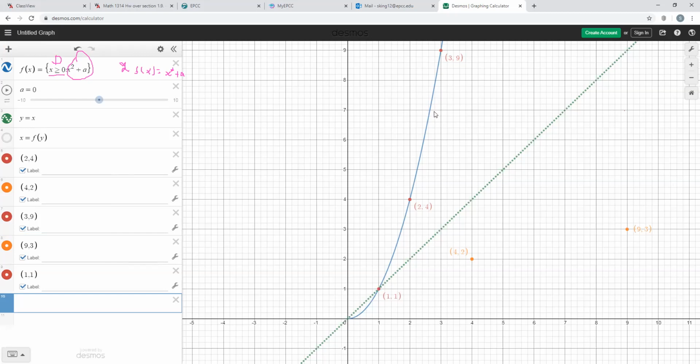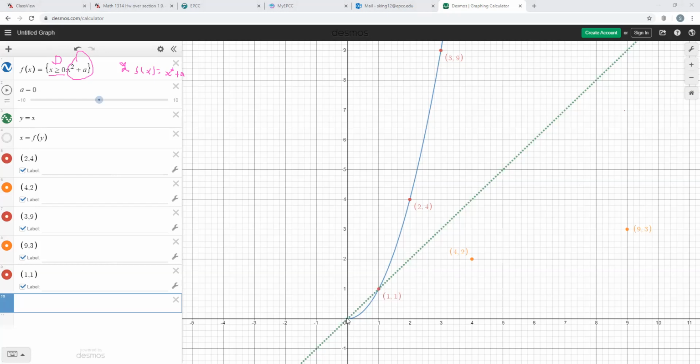And every one of these points, if we knew what they are exactly, when you invert them, the x and the y would switch and you would get more and more points along here. And if we then connect them all, we will get the graph of f inverse, and it'll have to go through the 1, 1, the 4, 2, the 9, 3, and so forth.